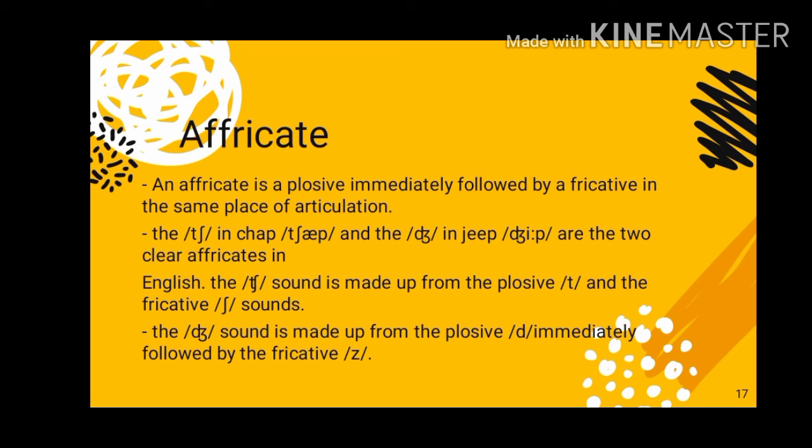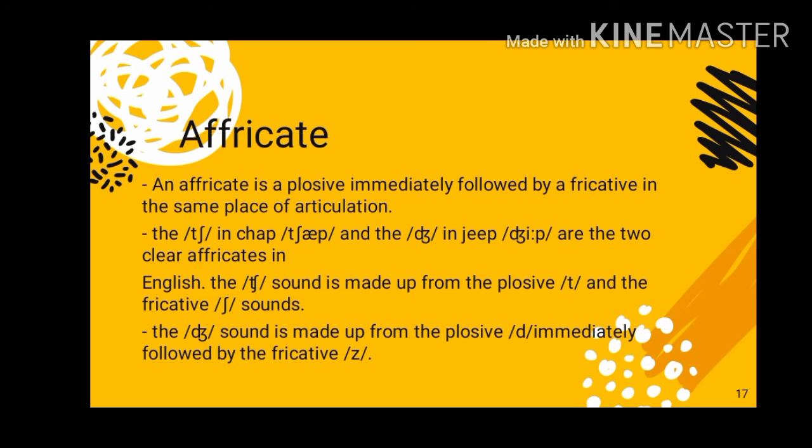Affricate. An affricate is a plosive immediately followed by a fricative in the same place of articulation. The "ch" in "church" and the "j" in "judge" are the two clear affricates in English.